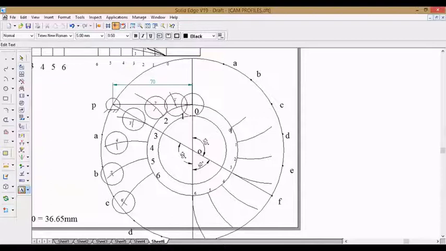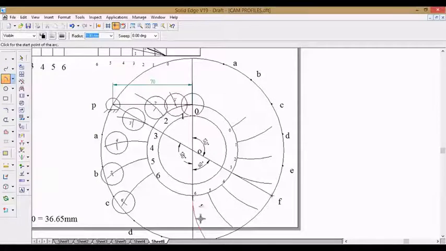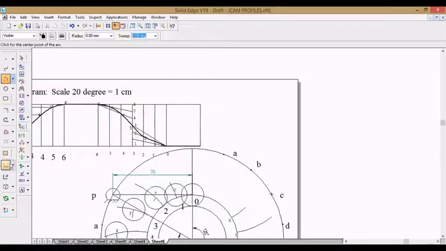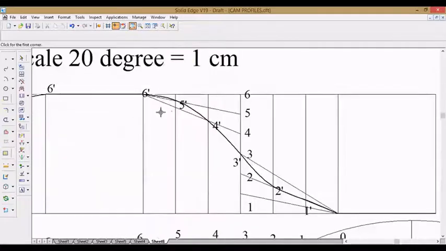Now transfer the displacement diagram arcs. So at point 6 we know we have a radius of 36.65. Cut an arc. The remaining measurements we need to take: 5 to 5 dash measurement 34.74.